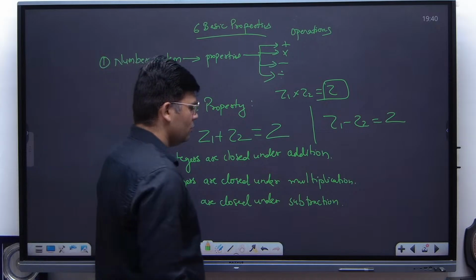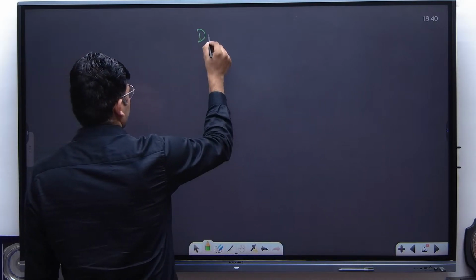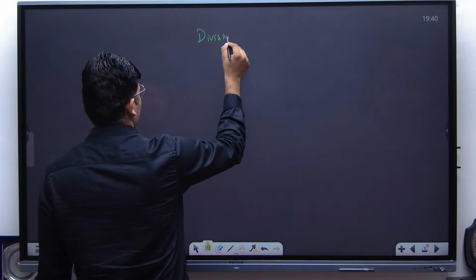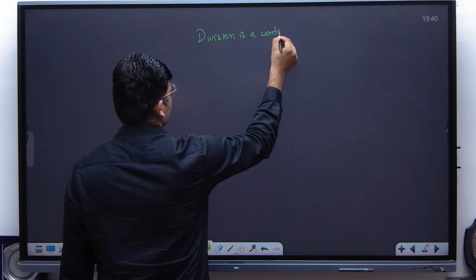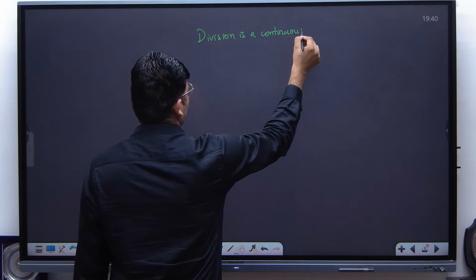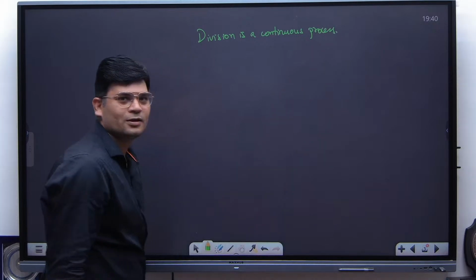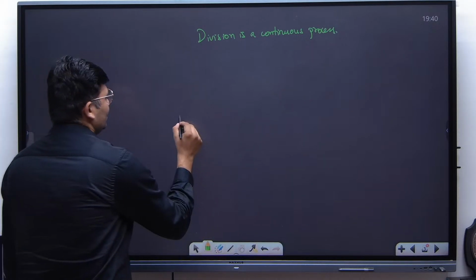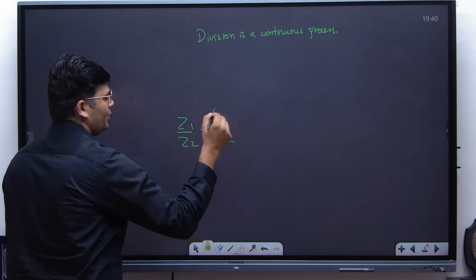Now, do you know that division is a continuous subtraction process? You know this? Yes, sir. Okay. Can I say that if I divide two integers I will get an integer only?